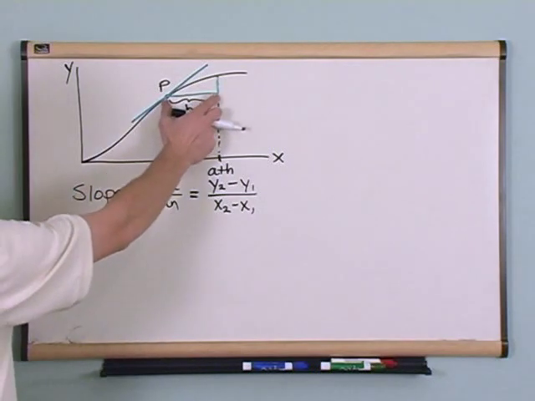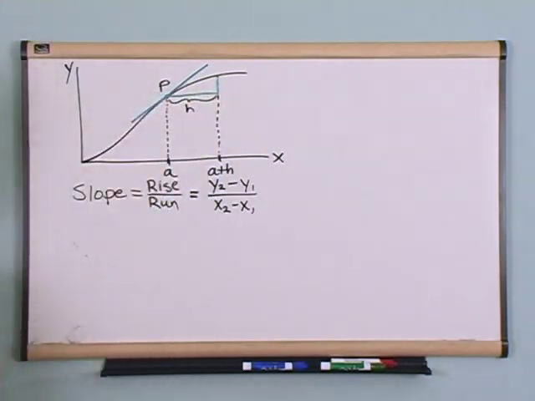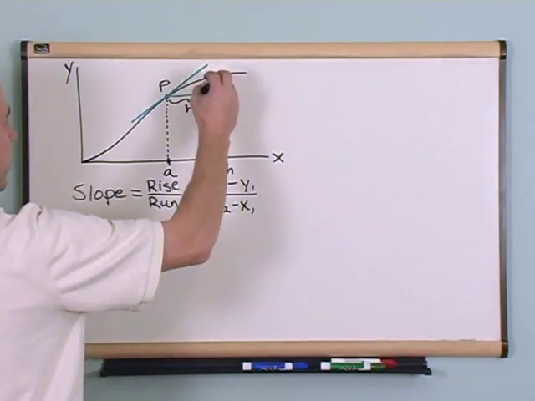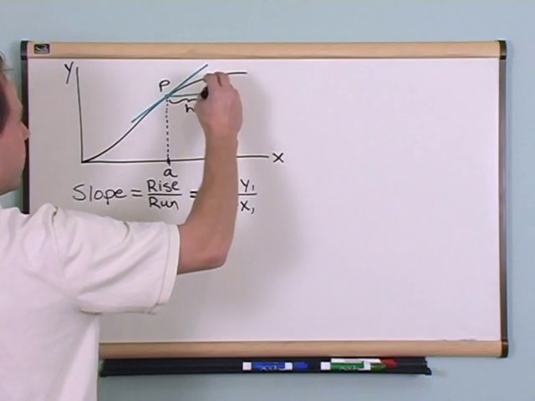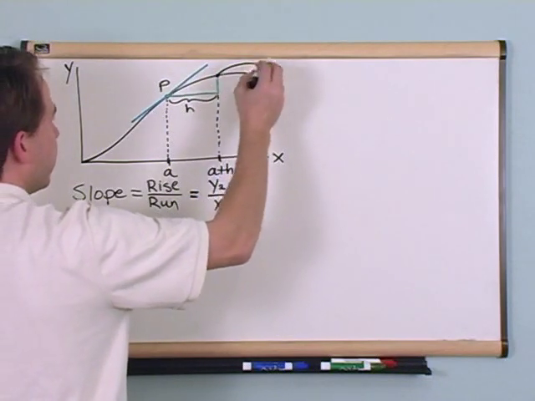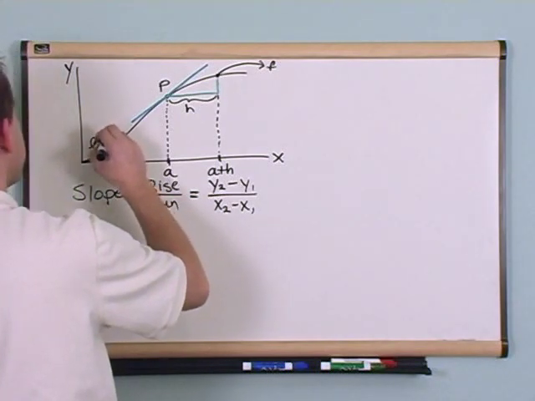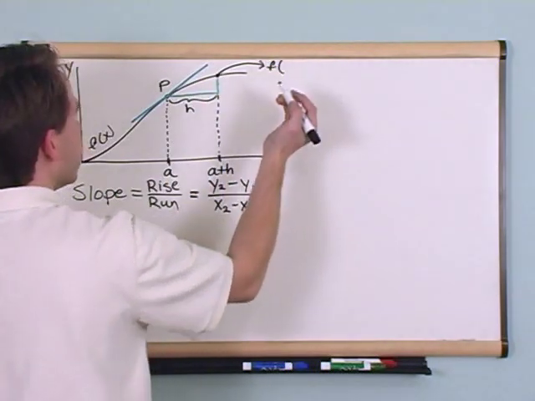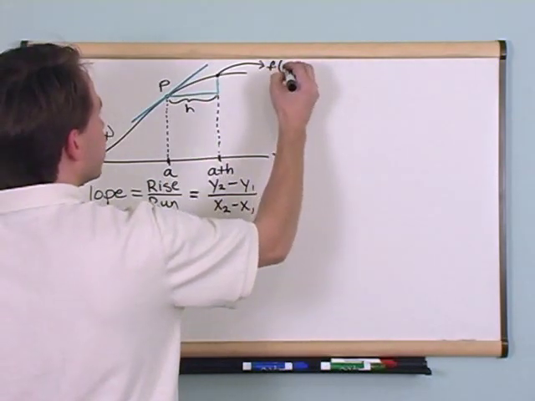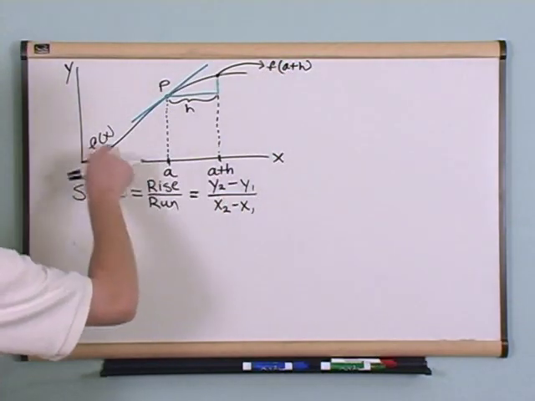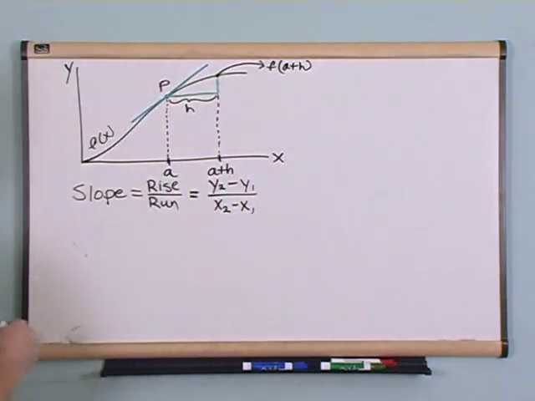We already know what the run is, the run over in the x direction, that's just h. What is the distance here? Well, this point right here is just f of a plus h, because this function is f of x. I just take the x value, stick it into f, and that's what this value is here.